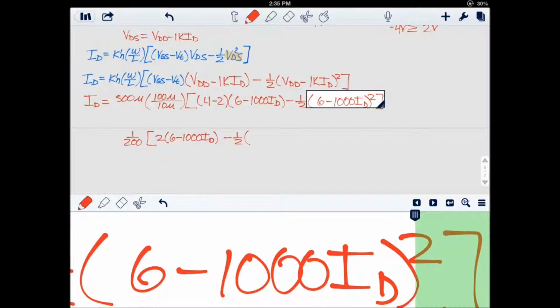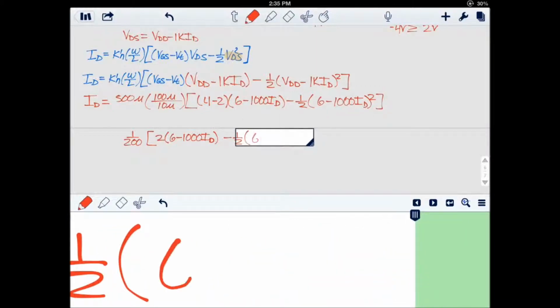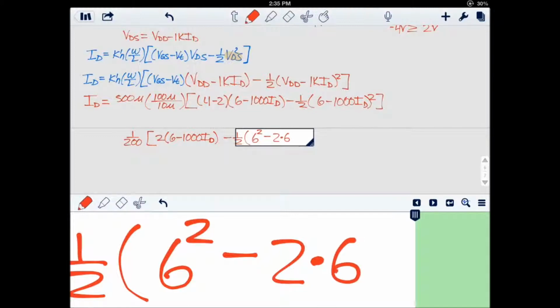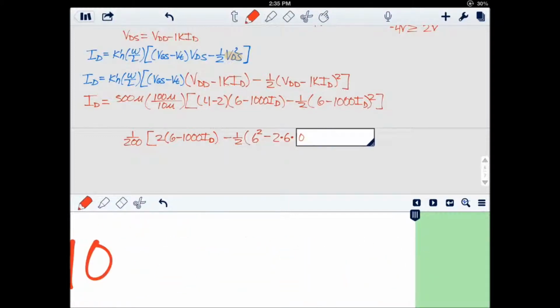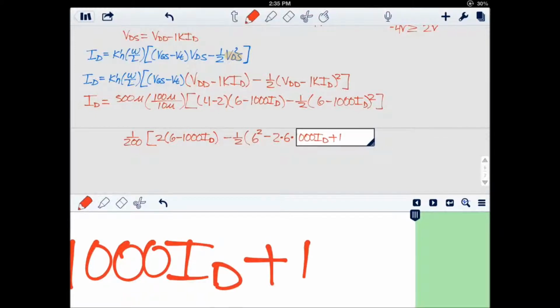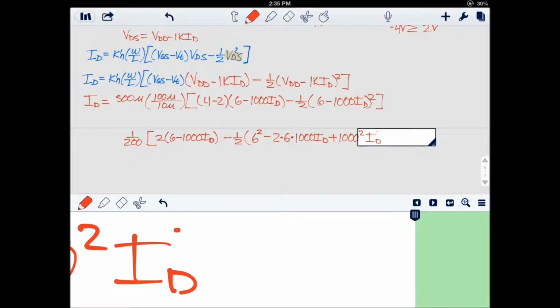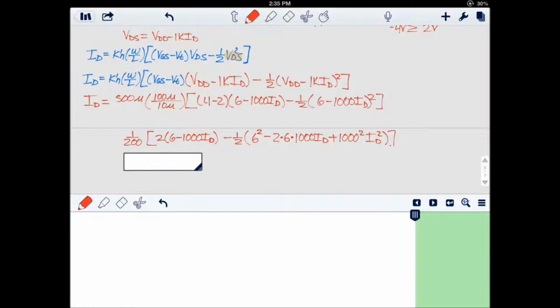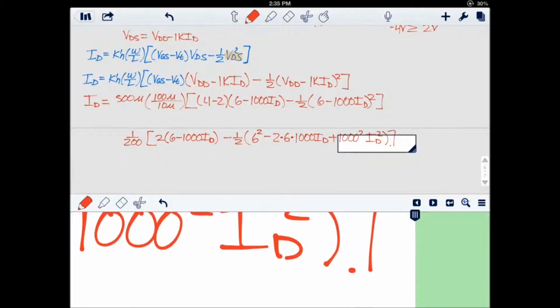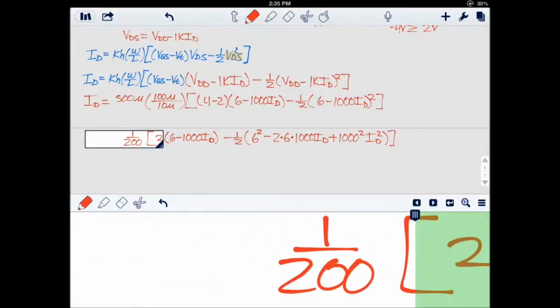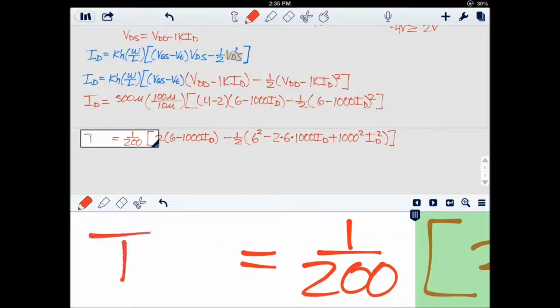Expanding this gives 6 squared minus 2 times 6 times 1,000 ID plus 1,000 squared ID squared.